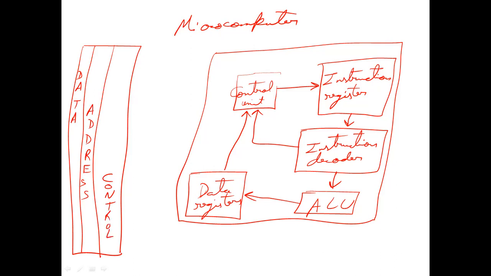Okay. And then these buses are connected to the control unit like this. Information can go towards the control unit and can also come out of the control unit. And then they are also connected to memory.